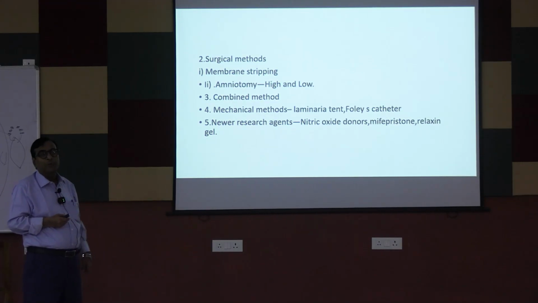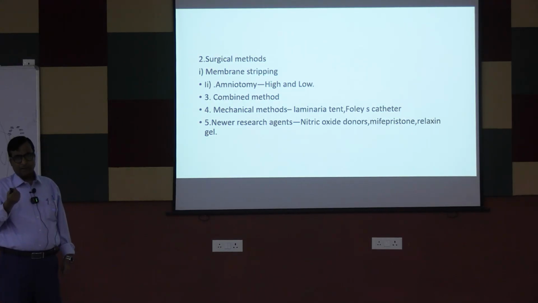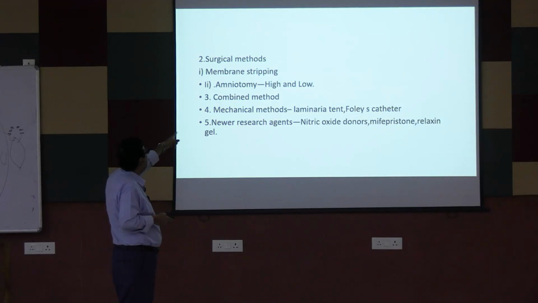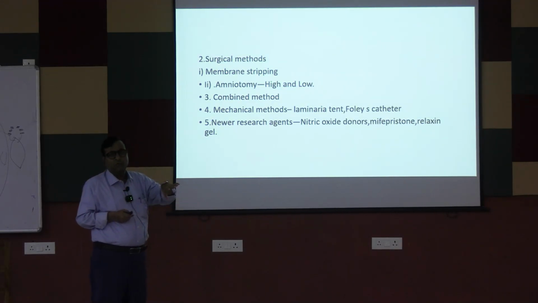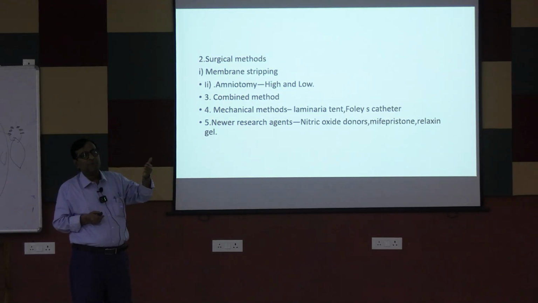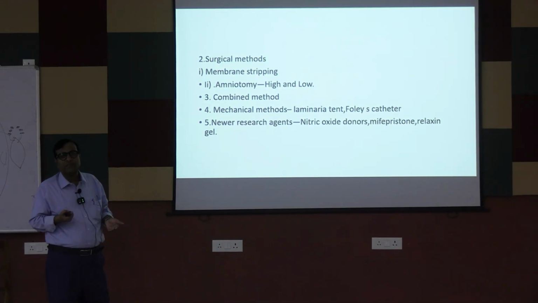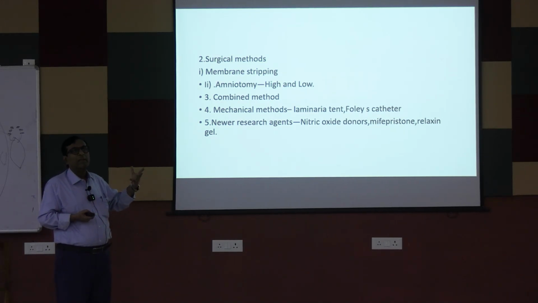Number 2, amniotomy, that is ARM, artificial rupture of membrane. It may be low or high. High is not done today, but it was done previously in polyhydramnios cases. And combined method is usually done: we induce labor, and when the membrane bulges we go for amniotomy.